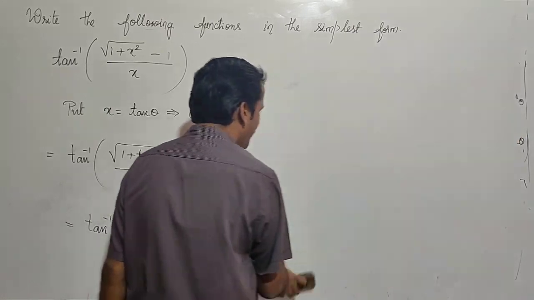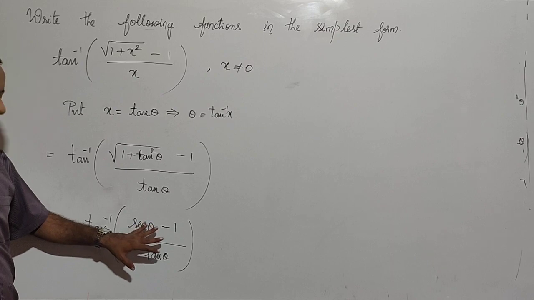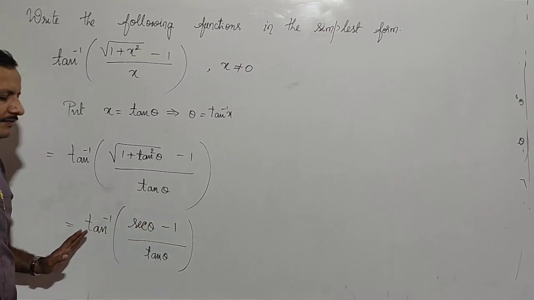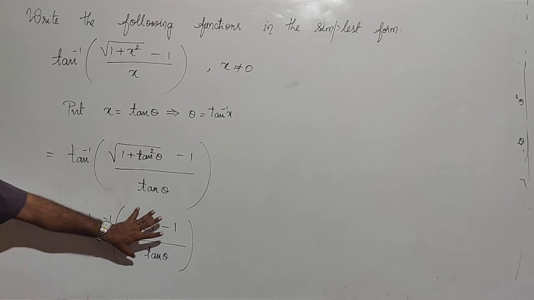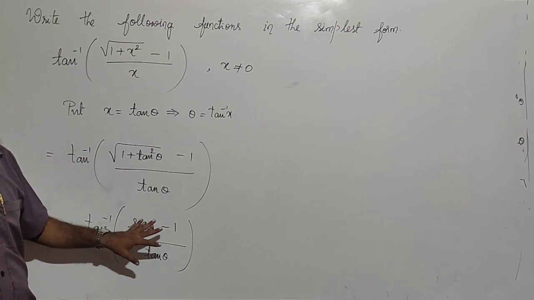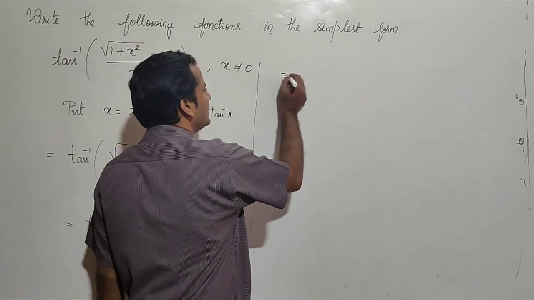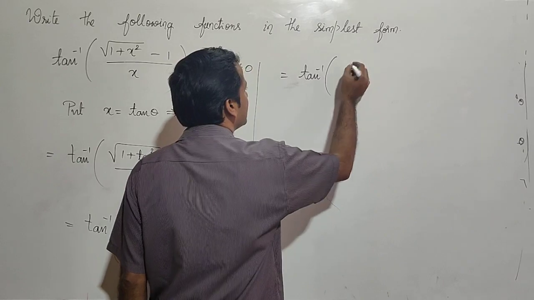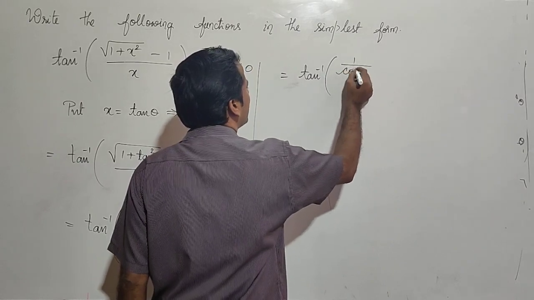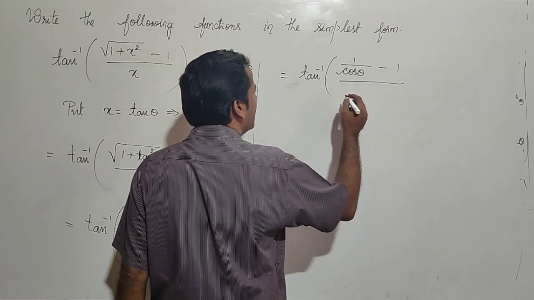So see here we have tan inverse of something. I want this in terms of tan, so that we can use the tan inverse of tan y formula to simplify this in such a way that this expression is in terms of tan. So this is equal to tan inverse of secant theta, which is 1 by cos theta, minus 1 divided by tan theta.